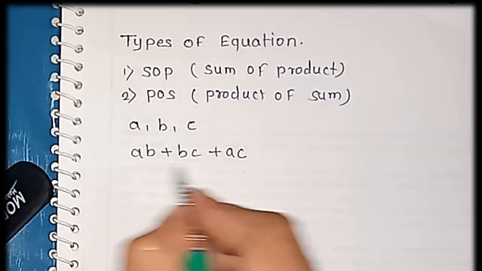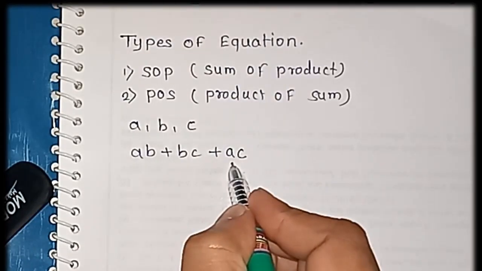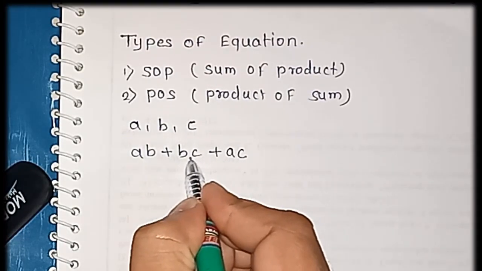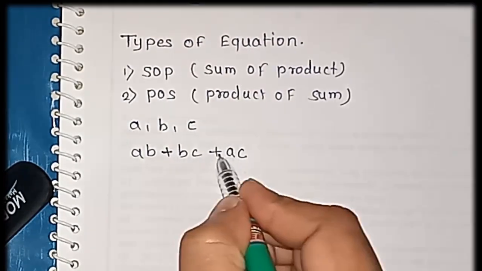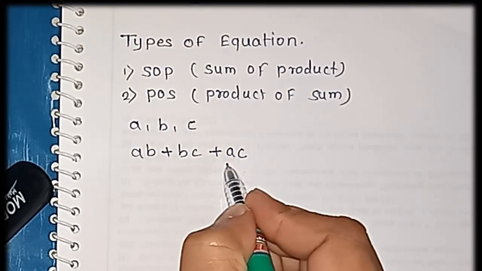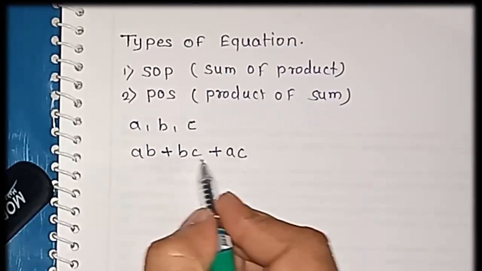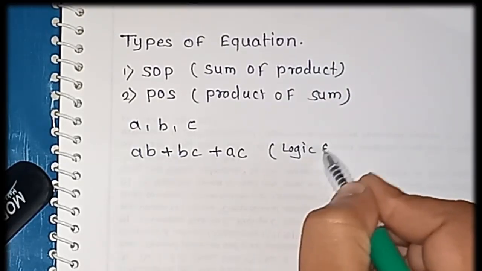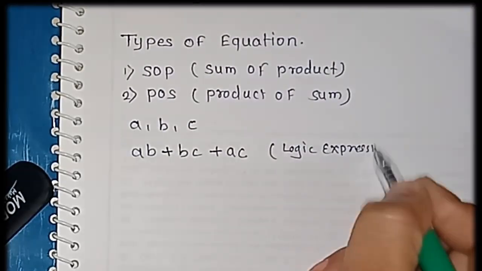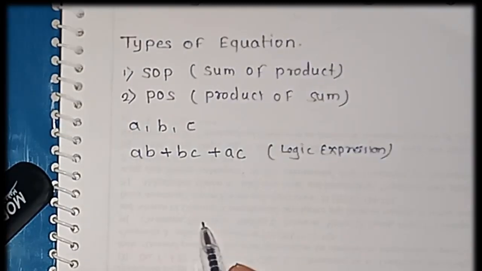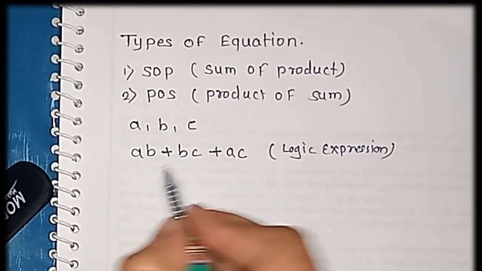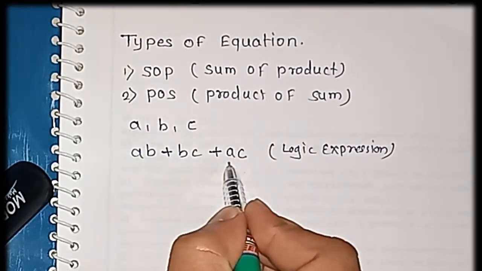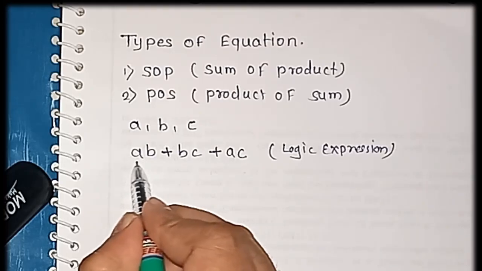Boolean expression means this equation consists of the variables a, b and c, and logical operations. This is the AND operation, and this plus sign indicates the OR operation. So this equation is called a logic expression. Now if you look at this equation, there are product terms.